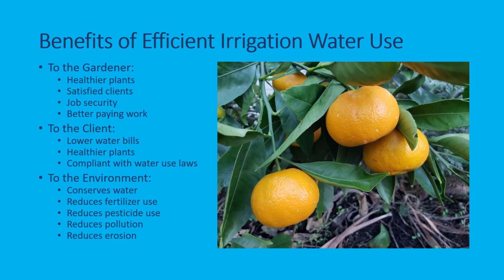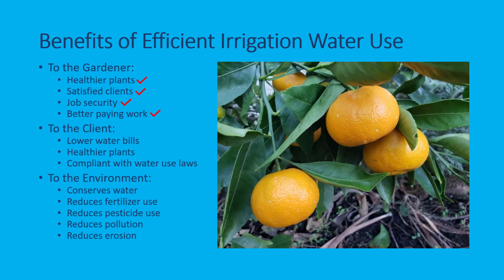First, let's recognize some of the important benefits of using irrigation water efficiently in the landscape. For landscape professionals, including gardeners and landscape contractors, the benefits include healthier plants, satisfied clients, job security, and higher pay for skilled work.